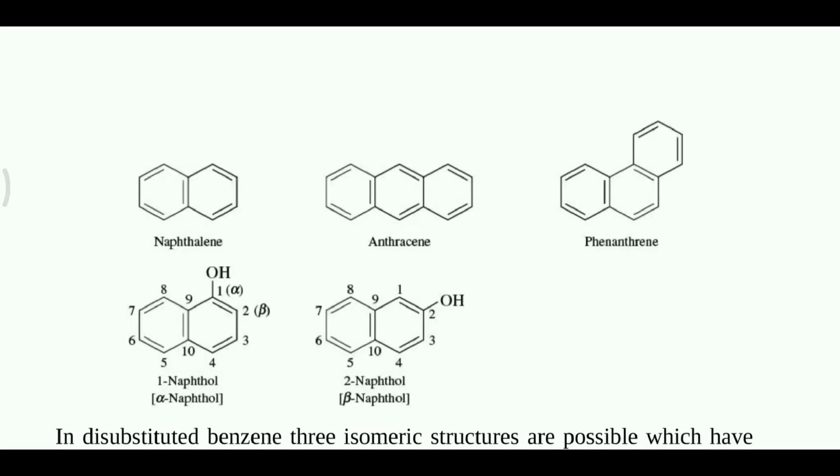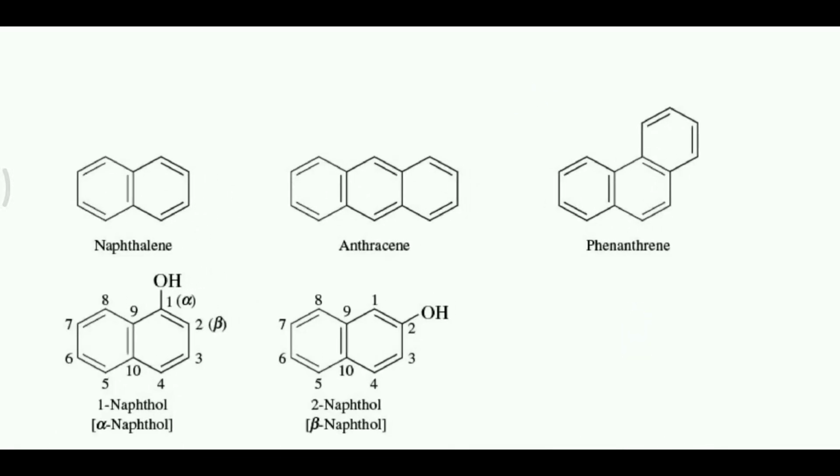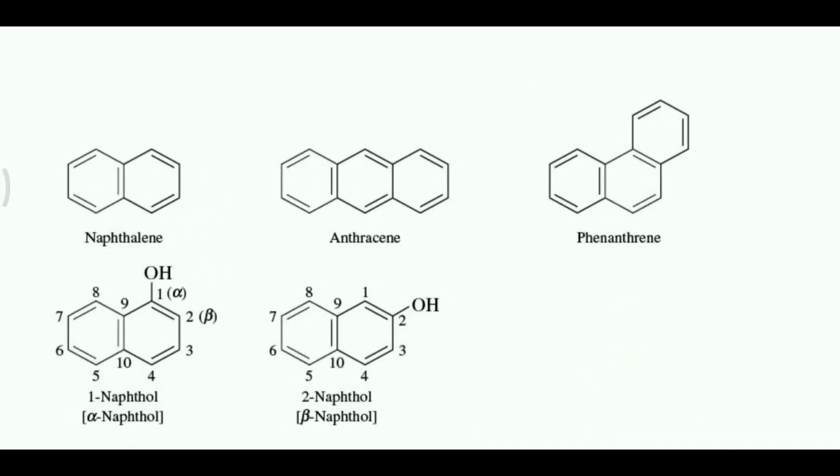See the structure of phenanthrene: again there are three benzene rings, but the first two have a cis configuration and the last two have a trans configuration. The number of benzene rings is 3 in phenanthrene, right?